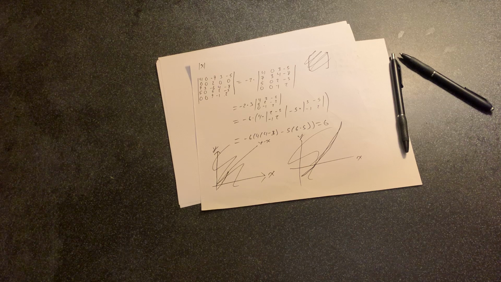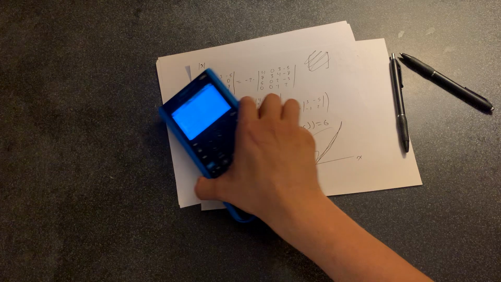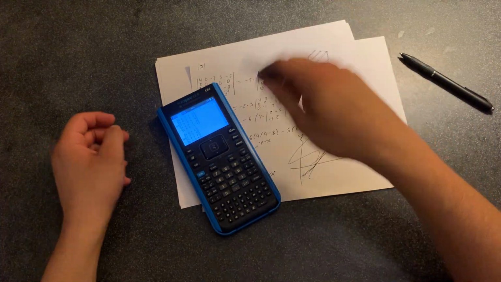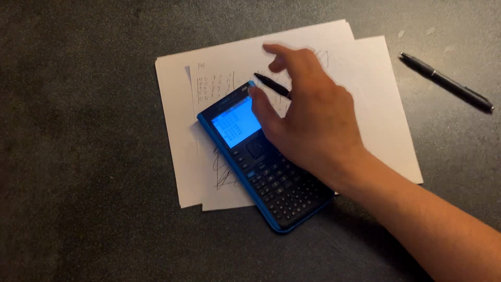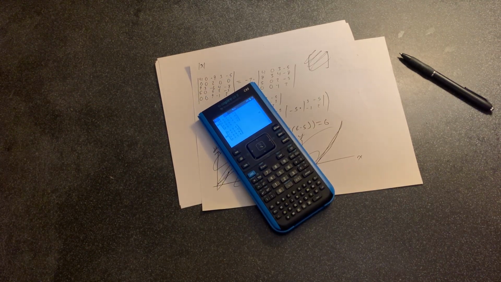So let's do 6, 1, 2, 8, 0, 7, 0, 3, 0, 2, 0, 1, 5, -5, 0, 8. All right, so this one now is a 4x4, and if I hit enter, I'm going to get 10. That's my determinant.